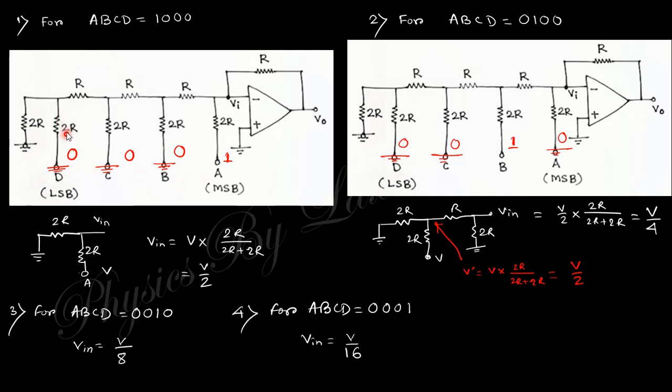Now you can see these two are in parallel, so 2R parallel with 2R means R, and R in series with R is 2R. So this is 2R and this is 2R and this is V in. So what is the value of V in?